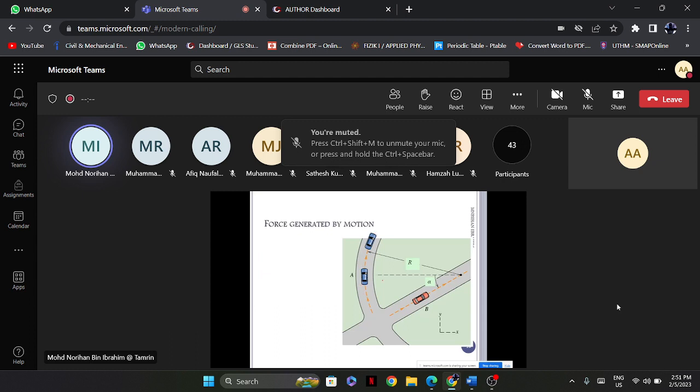At this instance it will have a force which is generated by motion. We call it Fn. Fn is the normal force which is directed toward the center of curvature O. Another type of force generated by motion can be related to the relative motion analysis of dependent motions between a block and also a pulley system.